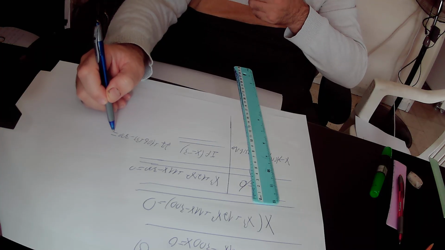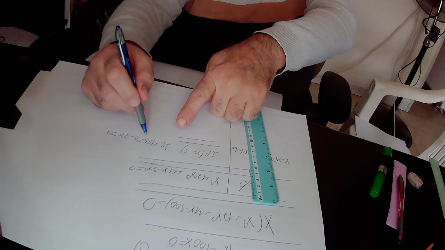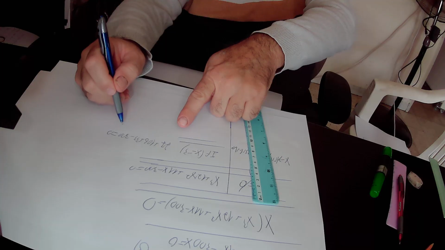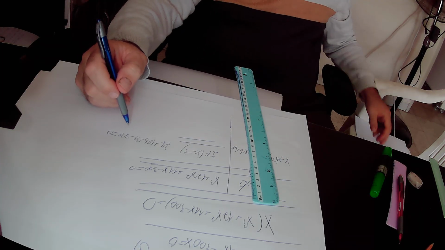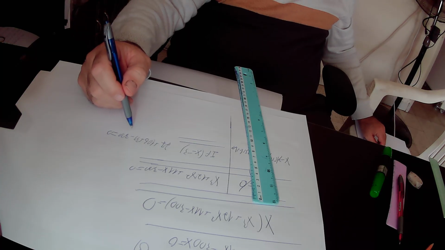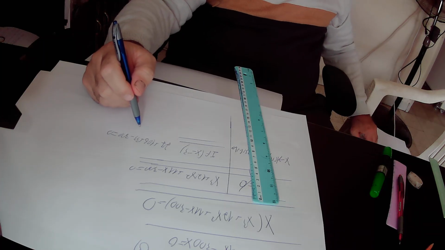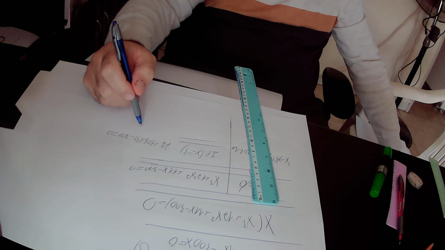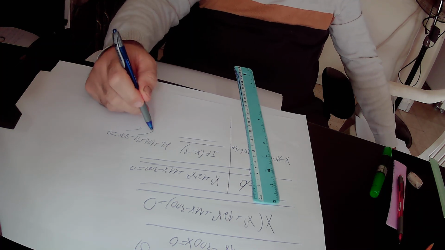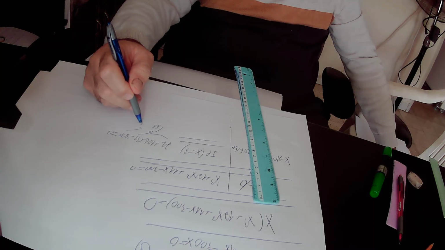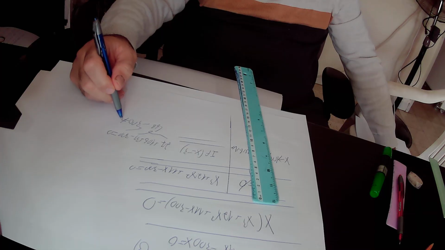If x equals 3 solves this equation, the sum of these numbers must be equal to 0. But 27 plus 108 plus 33, in total it is 168, and 168 minus 300 is definitely not equal to 0.